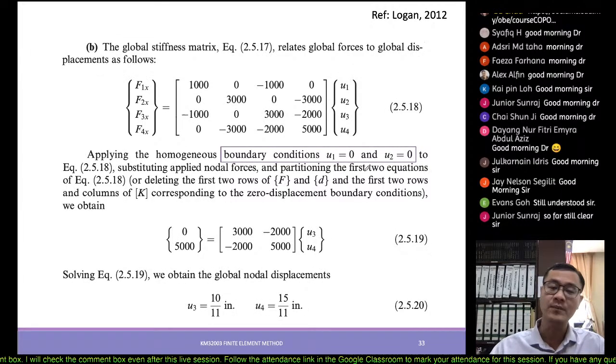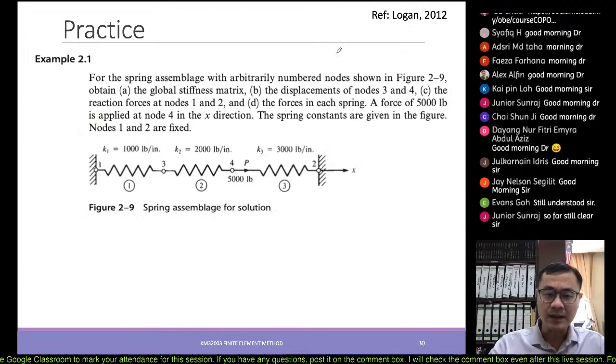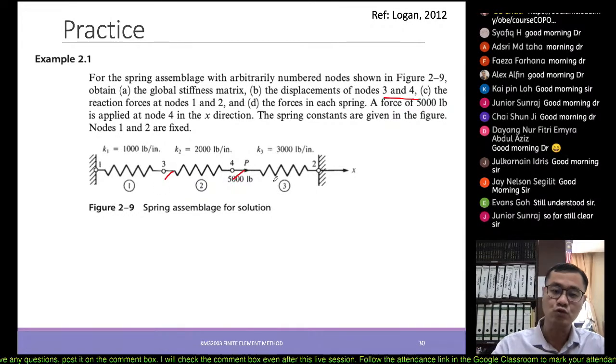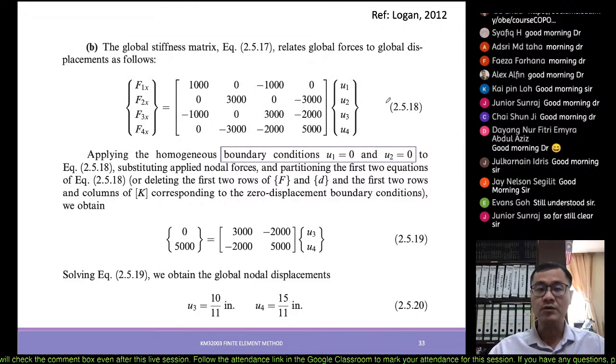Once we have formed that, the next one is to find the displacement at particular nodes, number 3 and number 4. So we want to know these two particular points. After we assemble the total stiffness matrix, we form the relationship between force, stiffness, and displacement. Then we put in the boundary conditions.